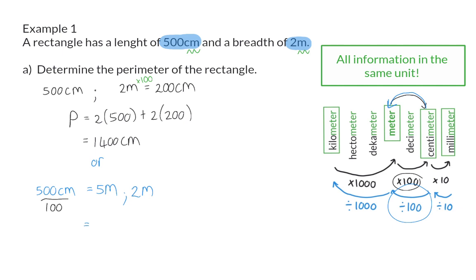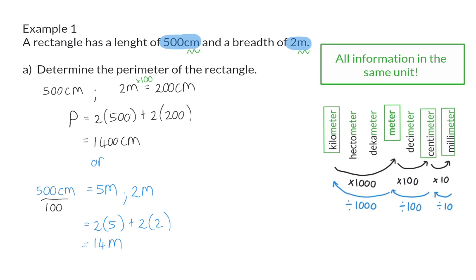So the perimeter will be 2 times 5 meters plus 2 times 2 meters, and that will give us 14 meters. You could have also chosen to say 1,400 centimeters can be converted to meters by dividing by 100 again. So 1,400 divided by 100 is also 14 meters.